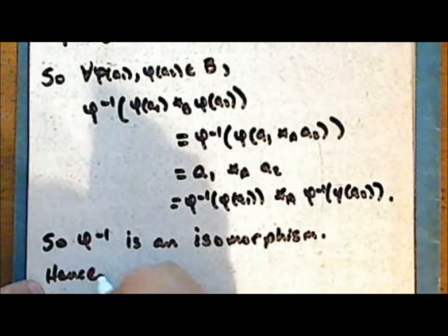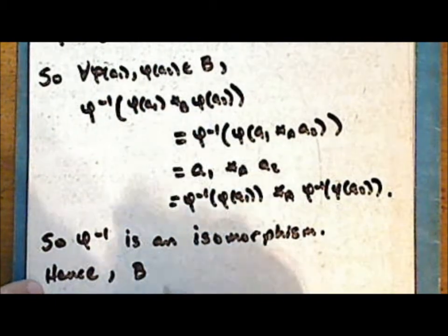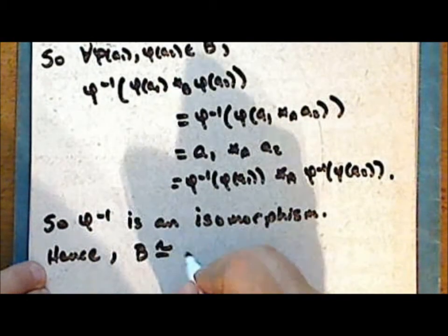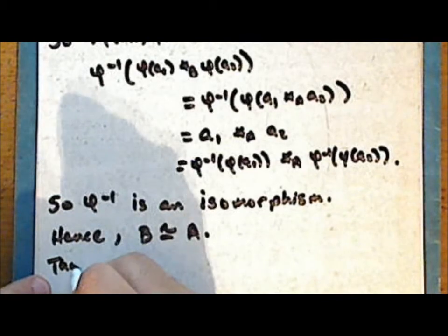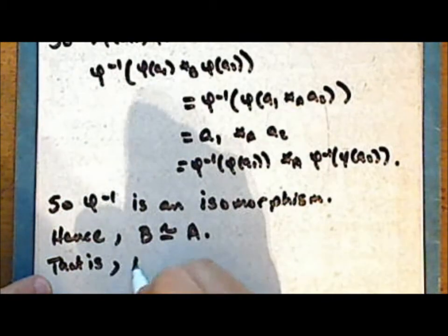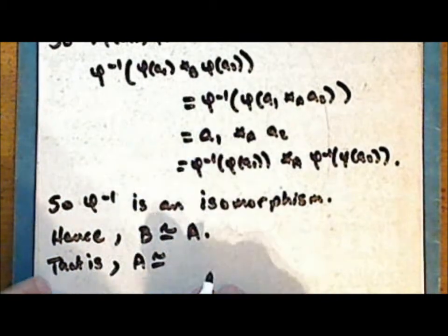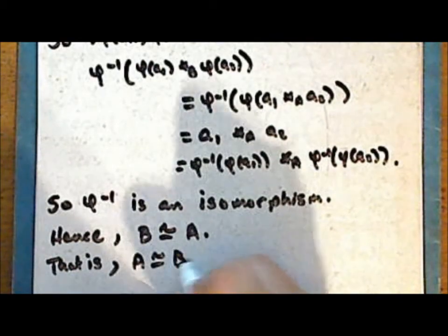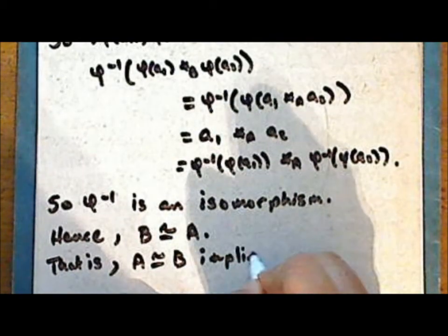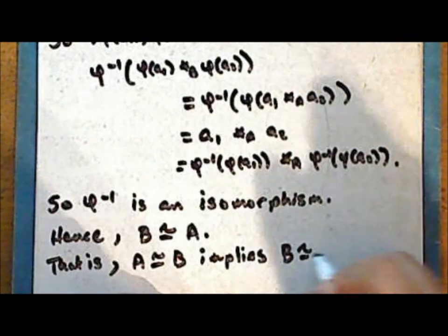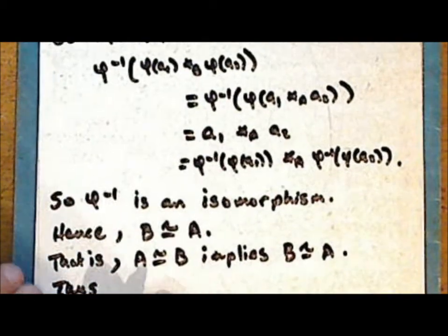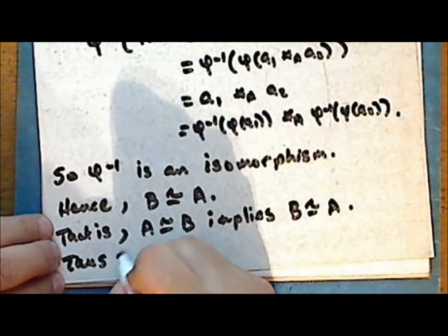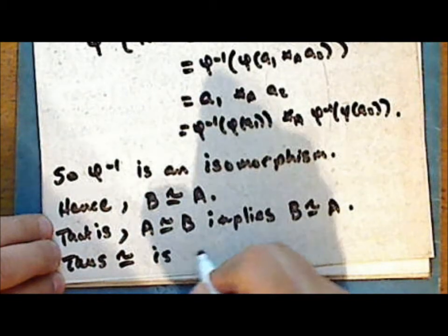And hence, the structure B is isomorphic to A. That is, A isomorphic to B implies that B is isomorphic to A, and thus the relation isomorphic to is symmetric.